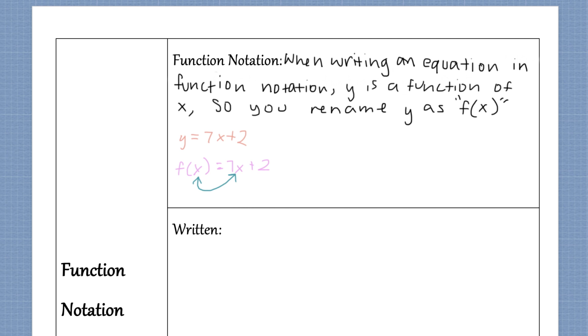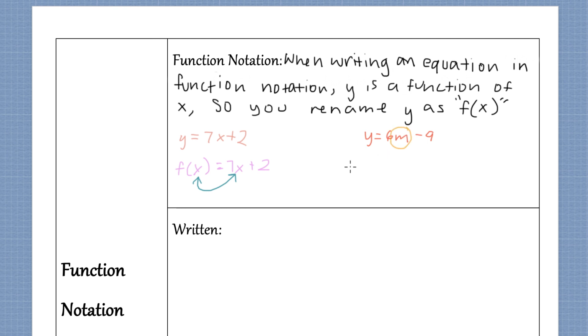In this example, we have this equation right here. Our equation says y is equal to 6m minus 9. We're going to rewrite this equation in function notation, but you have to be careful. We see that the variable in this equation is y and m is there instead of x.